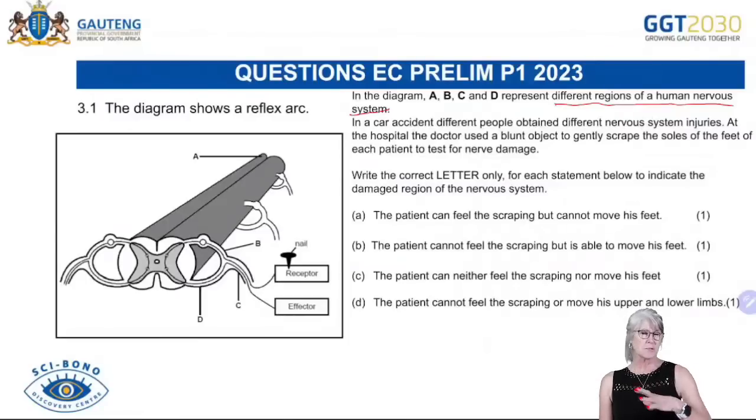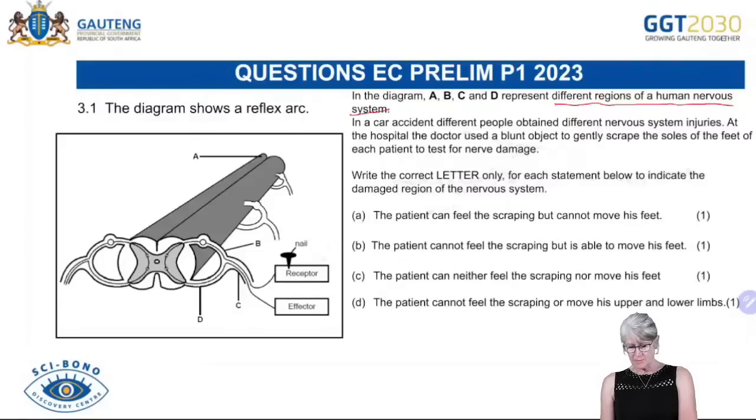So there were different parts of their nervous system that were damaged. At the hospital, the doctor used a blunt object to gently scrape the soles of the feet of each patient to test for nerve damage. Write down the correct letter only. So you only have to give the letter. You don't need to name the part.